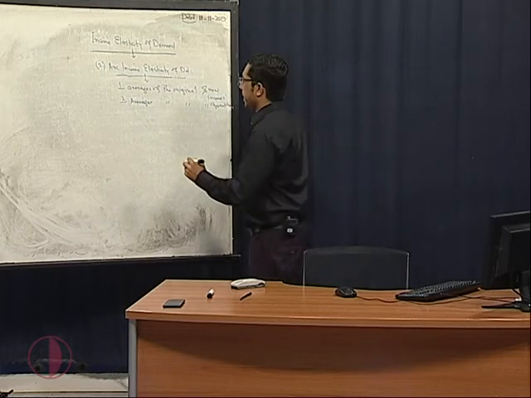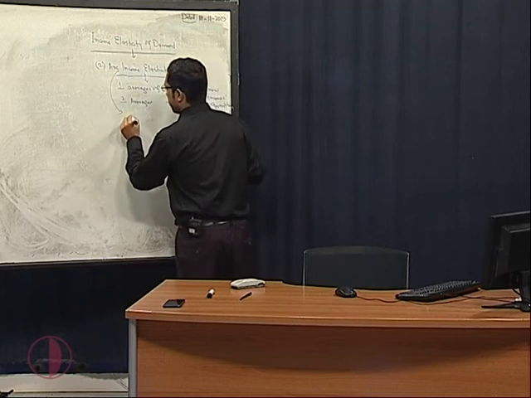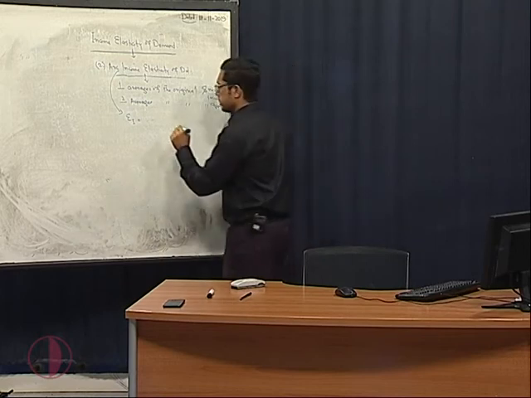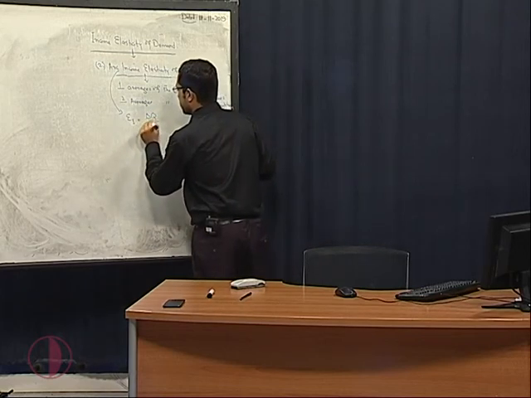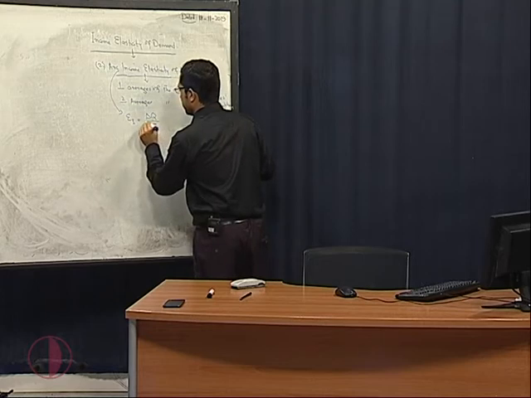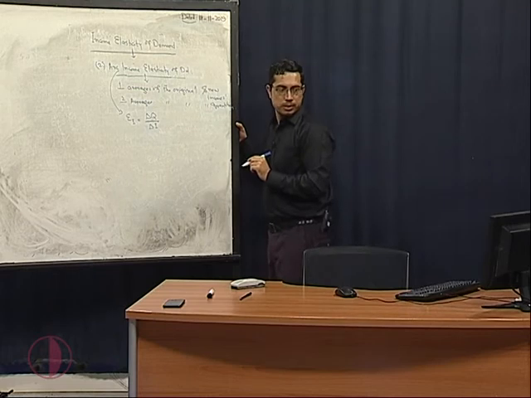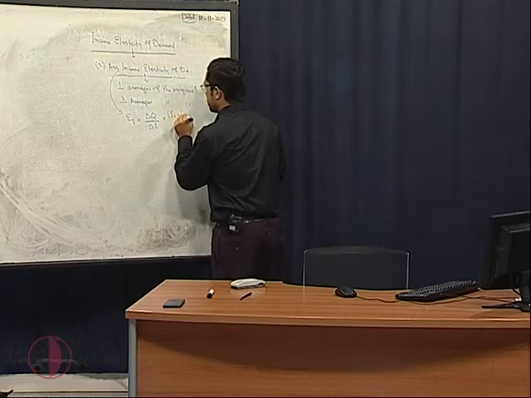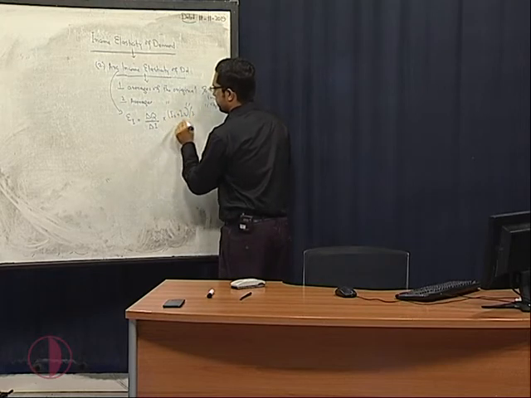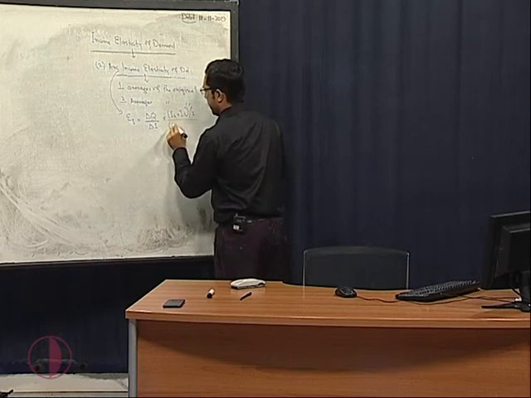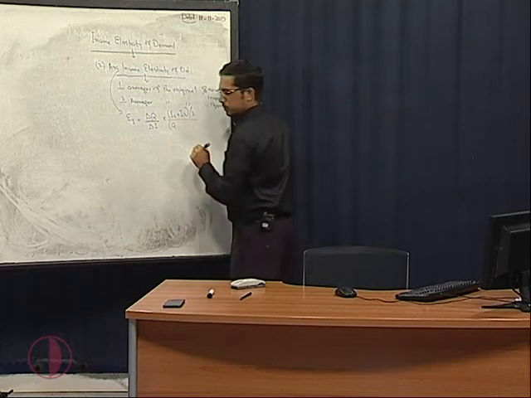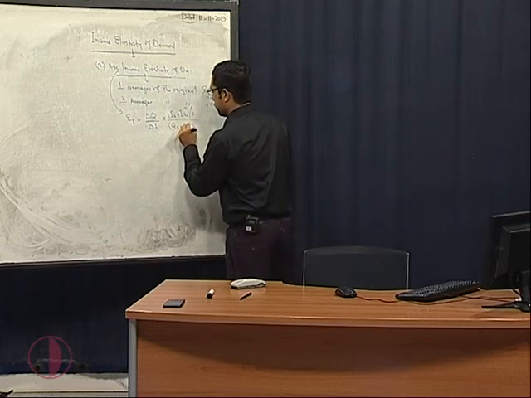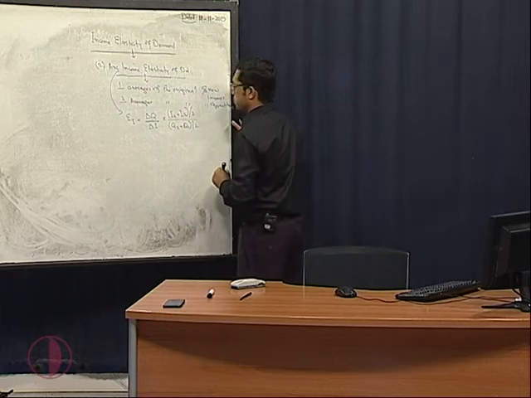So the formula for arc income elasticity of demand will be, this is the formula: change in Q divided by change in income, multiply by I2 plus I1 divided by 2 because we are taking average, and then Q2 plus Q1 divided by 2.